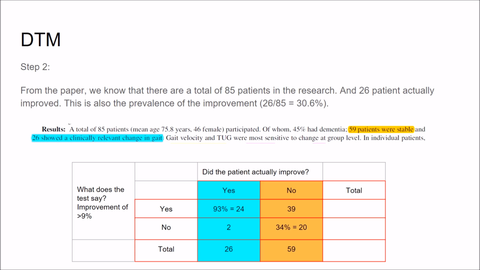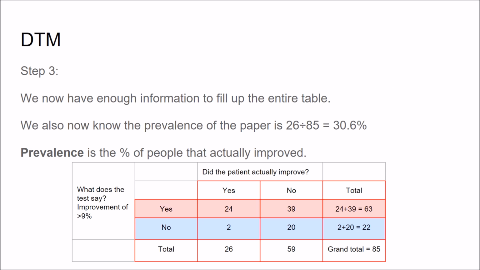So if we calculate 93% of 26, that will give us 24 patients, and that allows us to fill in the box below that, which is simply 2, because 24 plus 2 gives you 26. We can do exactly the same for the specificity for the orange column. Instead of using sensitivity, we use the specificity to calculate all the missing numbers.